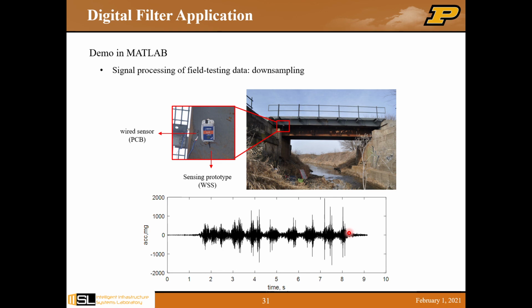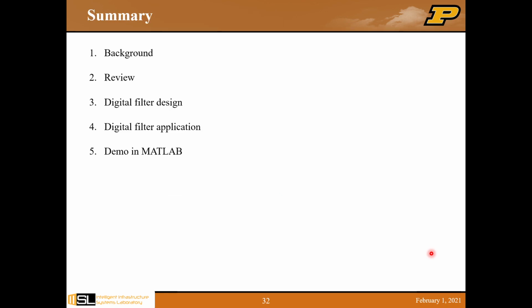But how do we obtain the low rate measurements for other purposes? In that case, we need to design a low pass filter to block the high frequency components. Then we can obtain the expected measurement data at low rates.